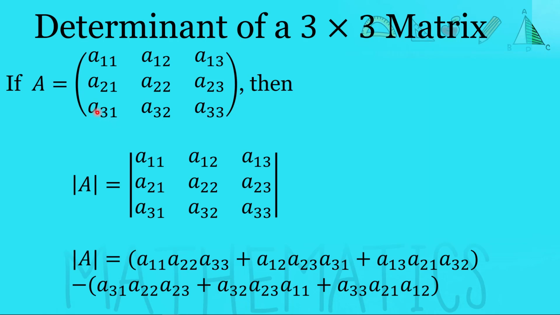So this is in the third row, first column, third row, second column, and so forth. Nonetheless, the determinant for this is governed by this particular equation. This is how you can determine the determinant for a 3 by 3 matrix.